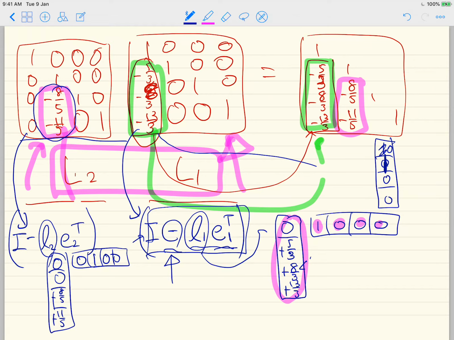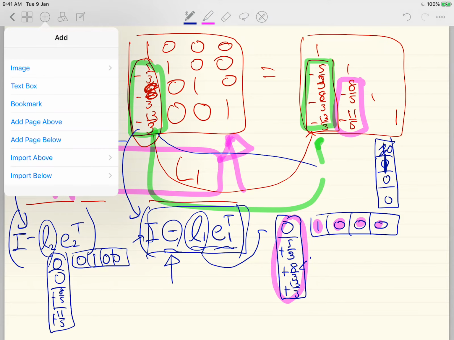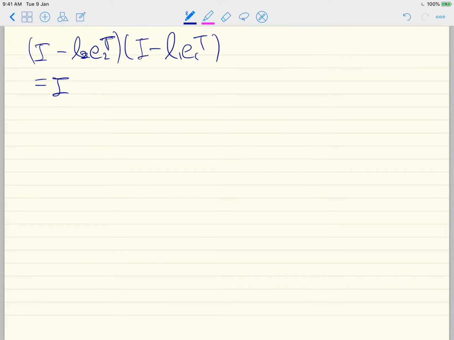Then let's consider the product between these two matrices, L1 and L2, in this form. Let's evaluate this.